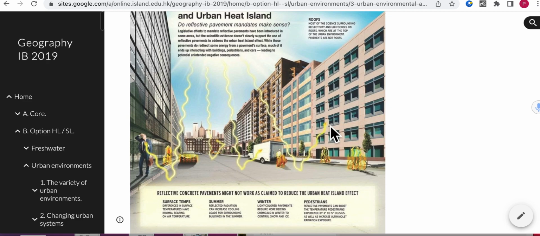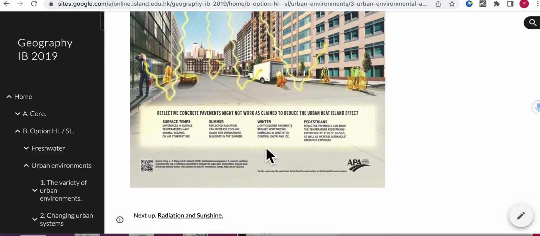So really, when we're thinking about this, we need to think very, very carefully about the exact position and location, the exact situation. As I said before, these are well understood mechanisms, and we can use artificial intelligence and computer modelling to design our environments to minimise these effects and maximise the benefits of having appropriate levels of albedo in various locations in the city.